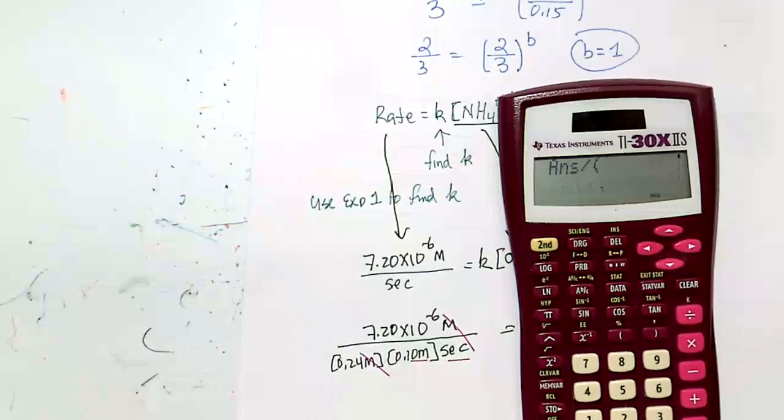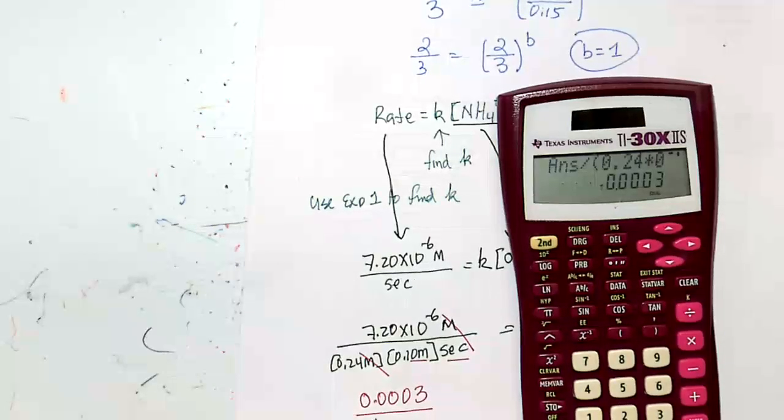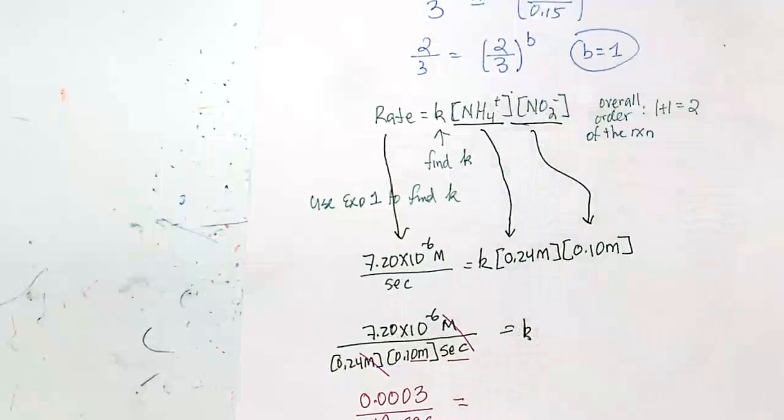Okay, parentheses here. 0.24 times 0.10. 0.0003. Okay, we want to make a big deal of the units here. Okay, m in the denominator, seconds in the denominator. This is equal to K.